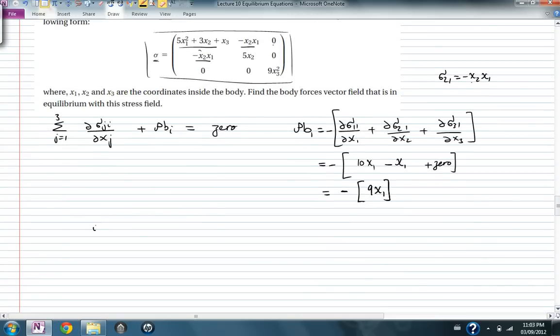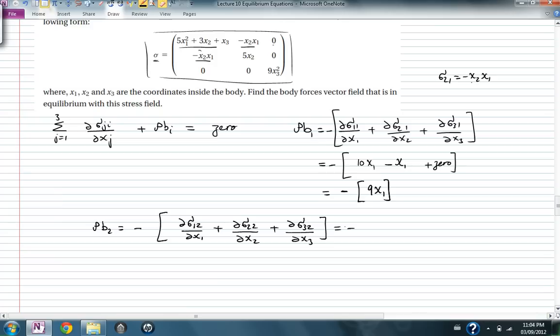And similarly, rho b2 is equal to negative partial sigma 1,2 by partial x1 plus partial sigma 2,2 by partial x2 plus partial sigma 3,2 by partial x3.